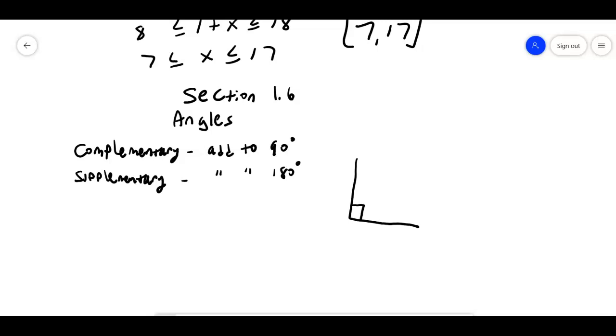let's say we know this is a 90-degree angle. Let's call this A, B, C. I'll put another one in here, D. Okay, so angle ABD is complementary to angle DBC because together they make up a 90-degree angle, so they add up to 90.